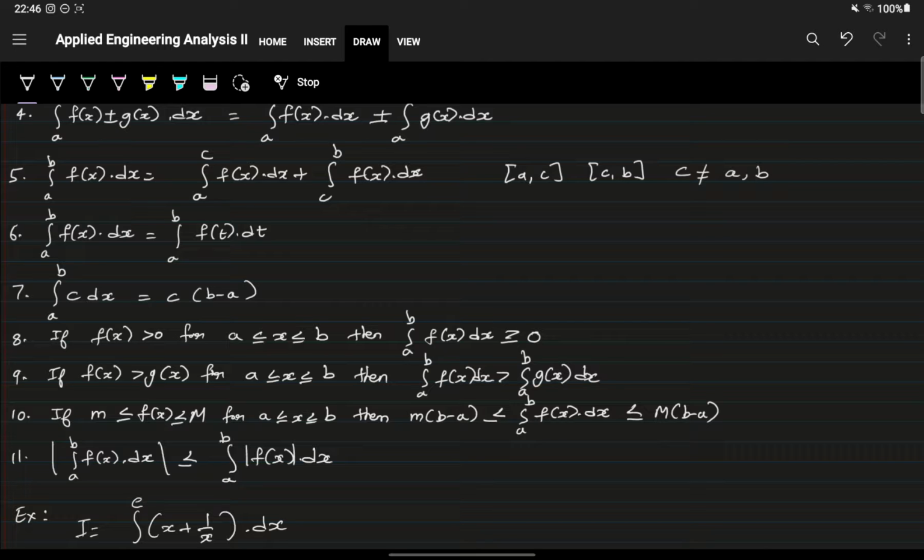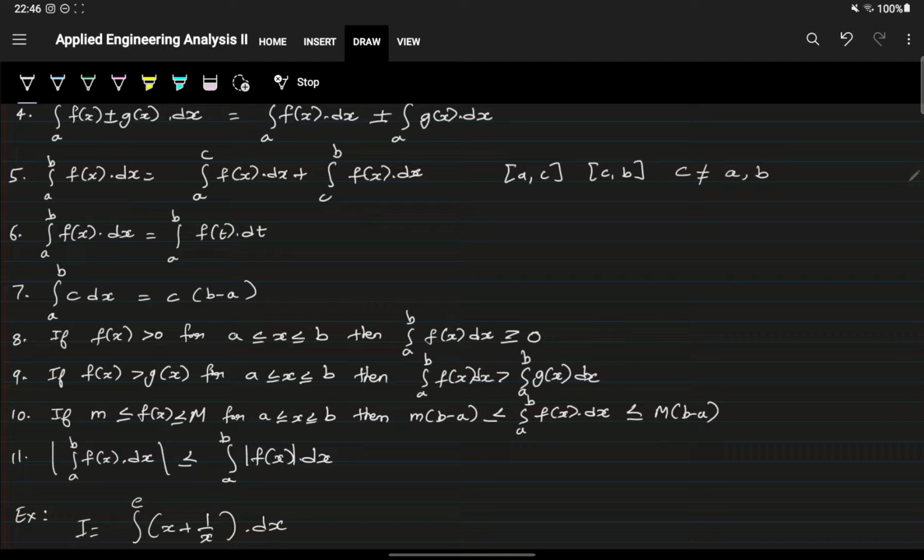And let us consider there are two functions, f(x) which is greater than the second function g(x), and the value of x is between a and b. Then the definite integral of f(x) dx between a and b would be greater than the integral from a to b of g(x) dx. And similarly, whenever the function value is between small m and M, and the value of x is between the limits a and b, then we have this property.